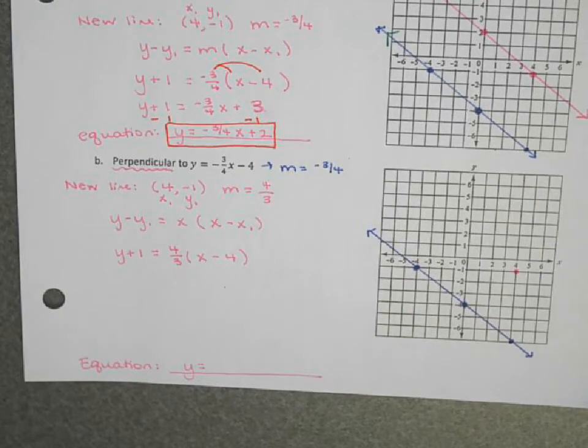Did we get it? y plus 1 equals 4/3 times x minus 4. How'd we do? Is it good so far?